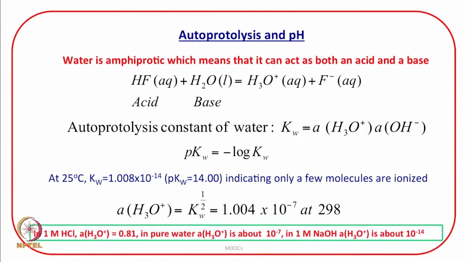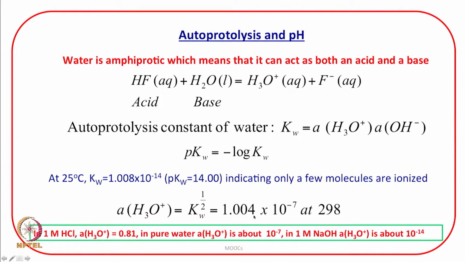And then we further discussed that for 1 molar hydrochloric acid, the activity of hydronium ion is 0.81. And this 0.81, as I was discussing, is less than 1 because you have to account for the activity coefficient.